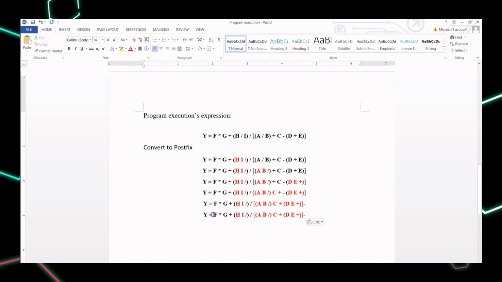So from the left to the right, we need to solve the multiplication first. F multiply G. So still the same, the multiply, we move it to the behind, and then we fix it, FG multiply.